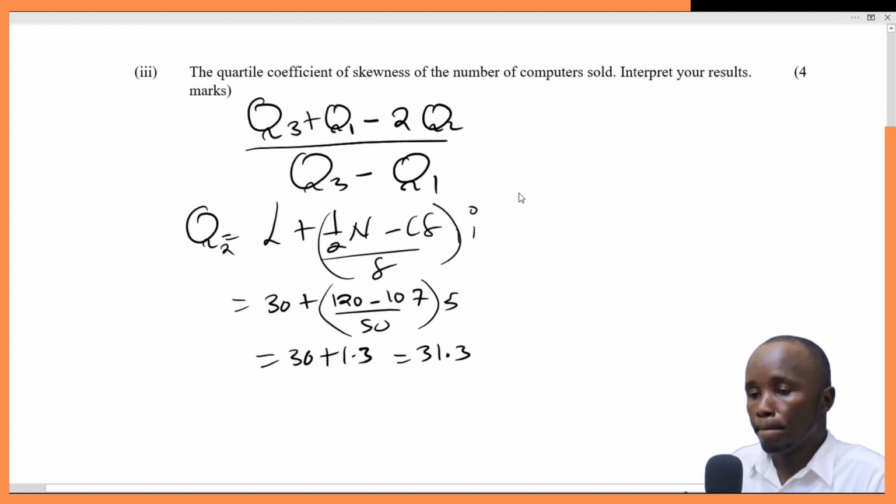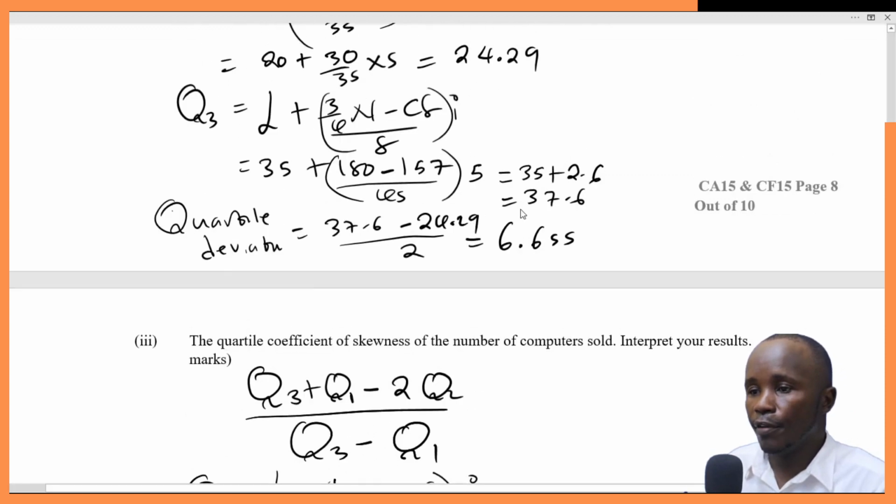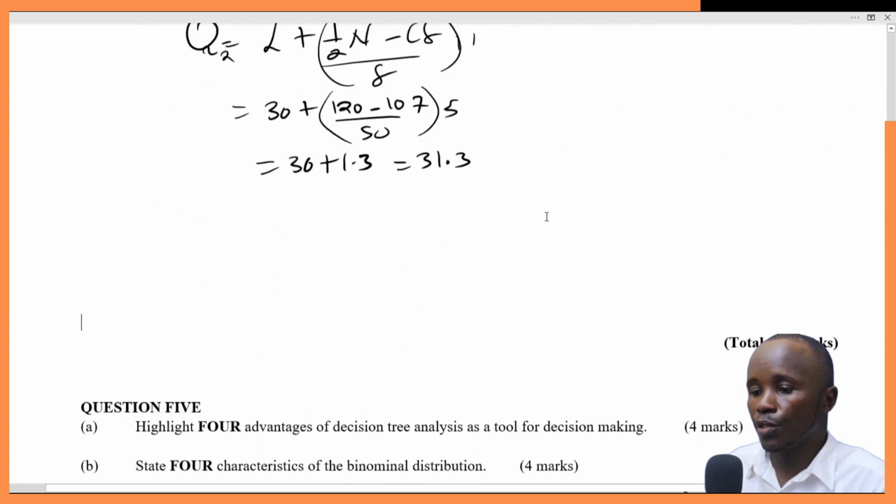Q3 we calculated above and found that Q3 was 37.6.